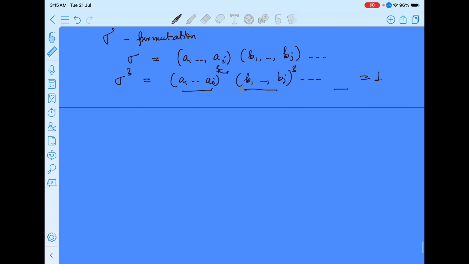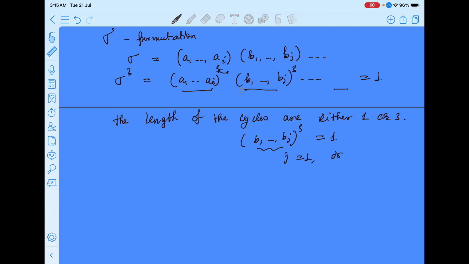So the length of the cycles are either 1 or 3, because if a cycle's cube is 1, then the length j has to be 1 or j has to be 3, right? Because 3 is a prime number.